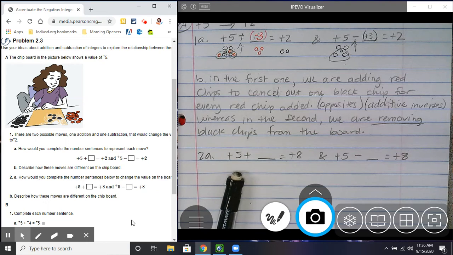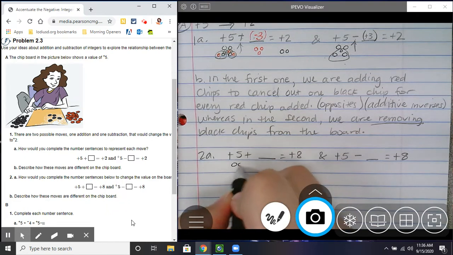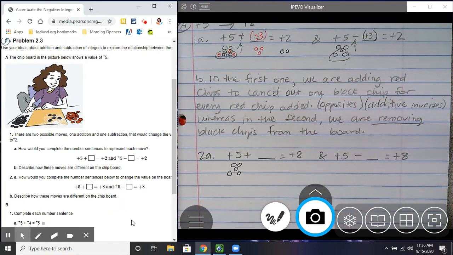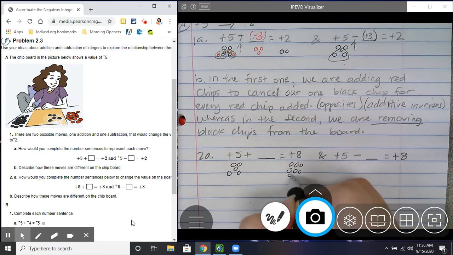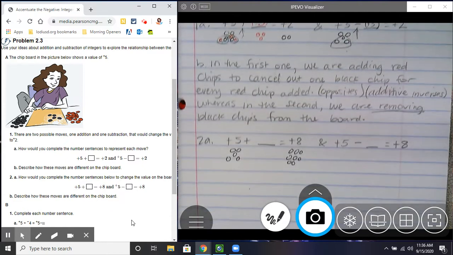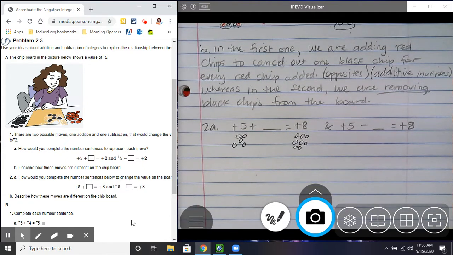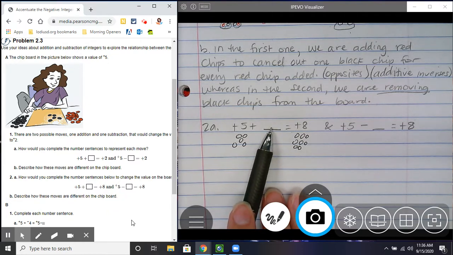All right, so for this one, what would we have to do to get, instead of 5 black chips, to now have 1, 2, 3, 4, 5, 6, 7, 8. Well, that's not even, but that's okay. We need to add something here.